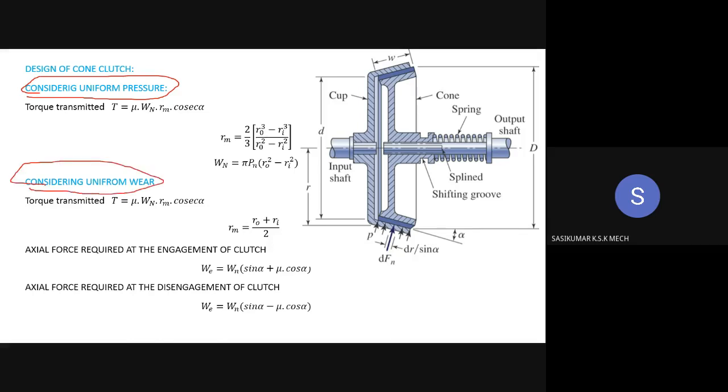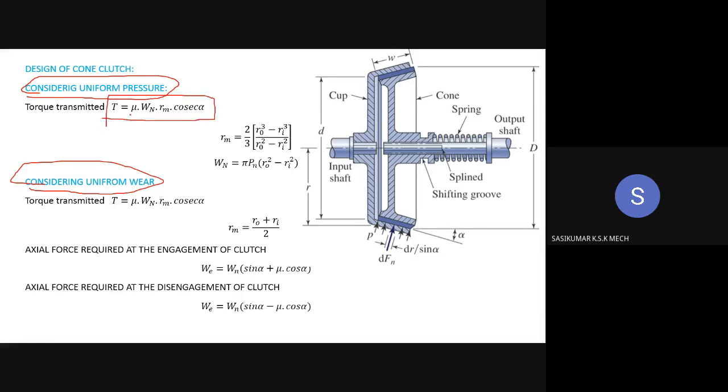The purpose of this condition is to have certain assumptions on whether the clutch is wearing uniformly or it is applied with the uniform pressure. That is the main purpose of this assumption.